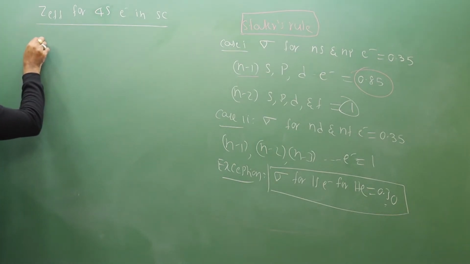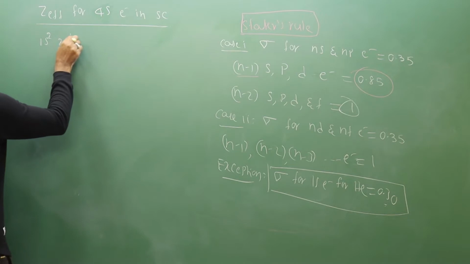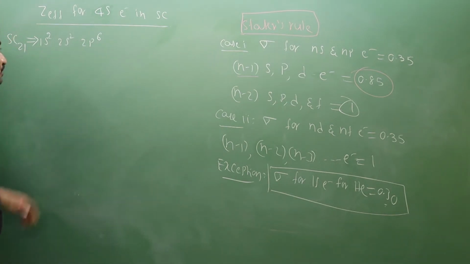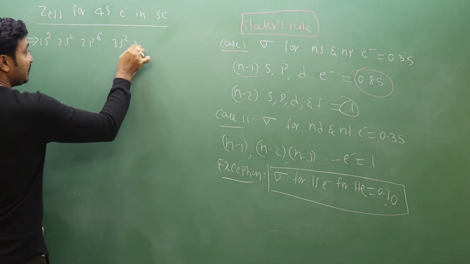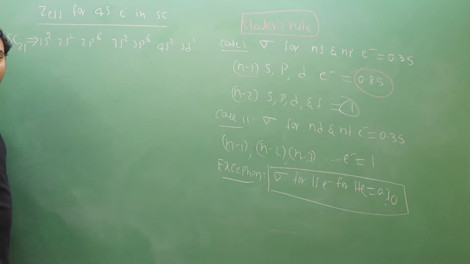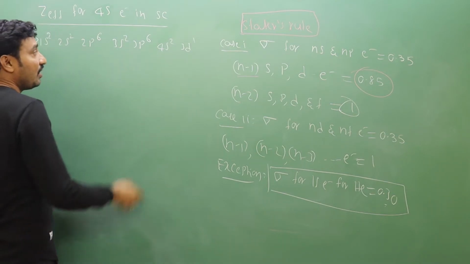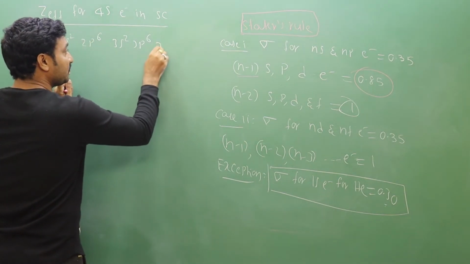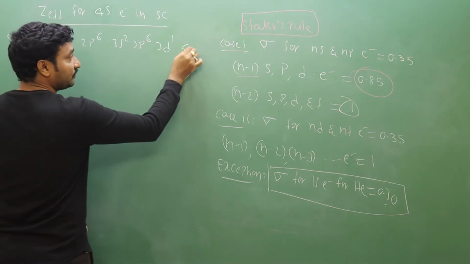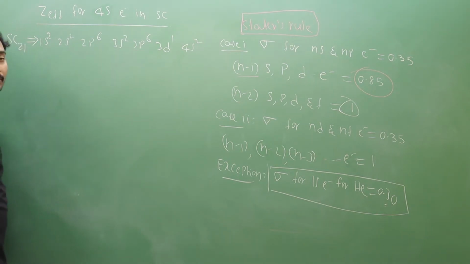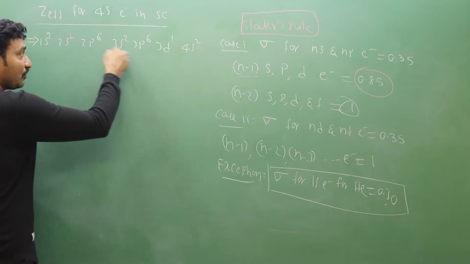Scandium, atomic number 21, electronic configuration 1s2, 2s2, 2p6, 3s2, 3p6, 4s2, 3d1. That is the electronic configuration of scandium. All the same shell subshells you should write at one place, 3d1, 4s2, or 4s2, 3d1, no problem, because similar shells are written at one place.